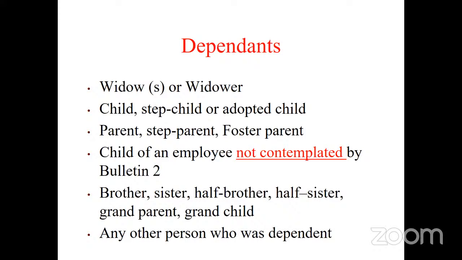Ndio kwa maana kuna bracket ya S hapo. Hata hao watapata haki yao. And then or widower. Mbona wakuweka widowers hata bracket? Hiyo ni swali nimeuliza, mutaniambia nyinyi sasa. And then a child, stepchild or adopted child is entitled to compensation.